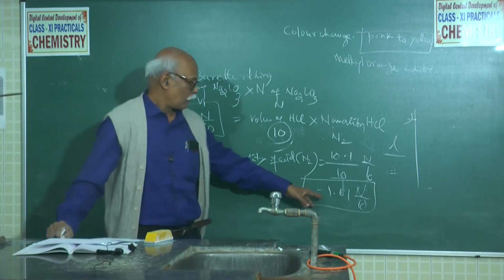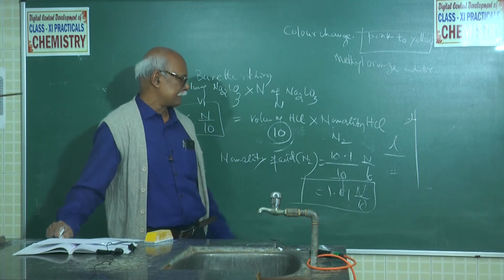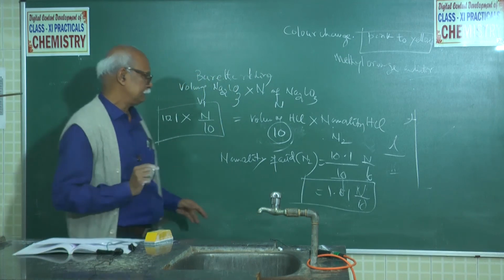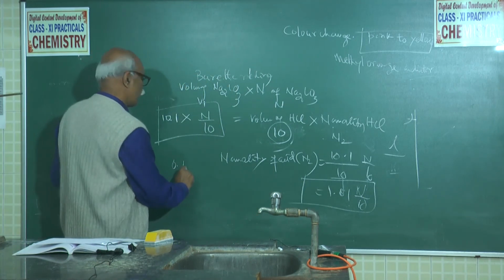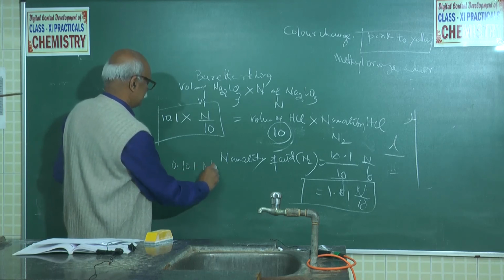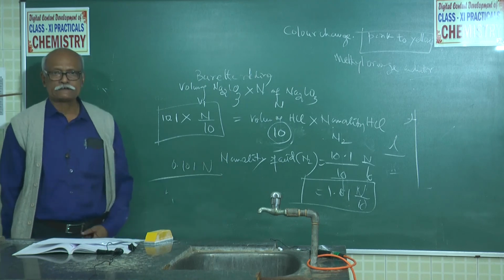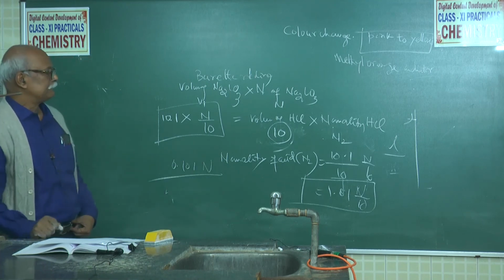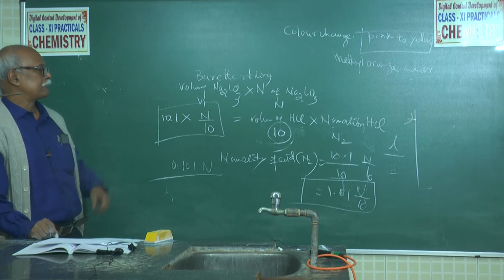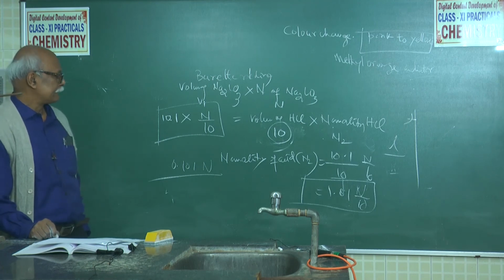This you can also calculate in grams per liter. This is 0.101 normal. So the strength in grams per liter you can also calculate. This is hydrochloric acid, molecular mass 36.5.